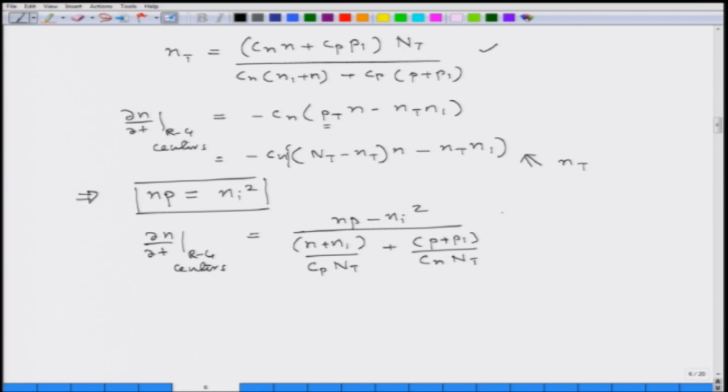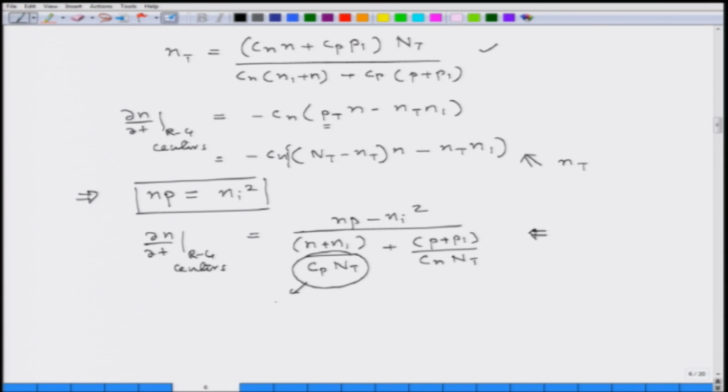Now, this is an expression which is going to be generally true. This is an expression that defines, in a steady state, the recombination rate for electrons due to the R-G center, the recombination generation rate due to the R-G center. And this gives us the opportunity to define another parameter, and that is basically this capture coefficient times N_T.